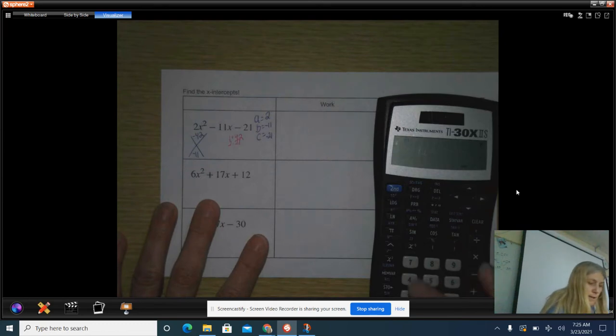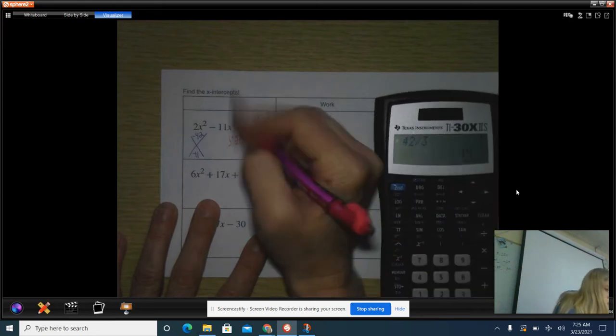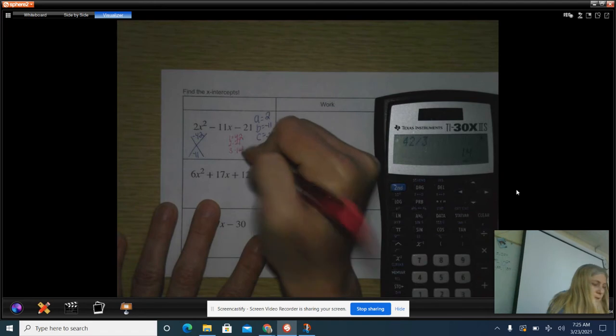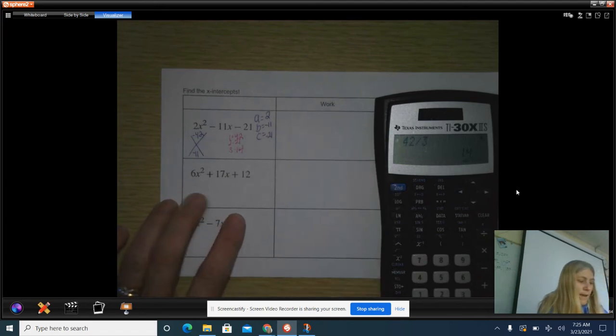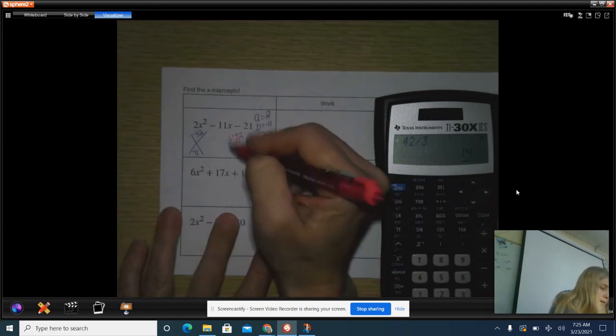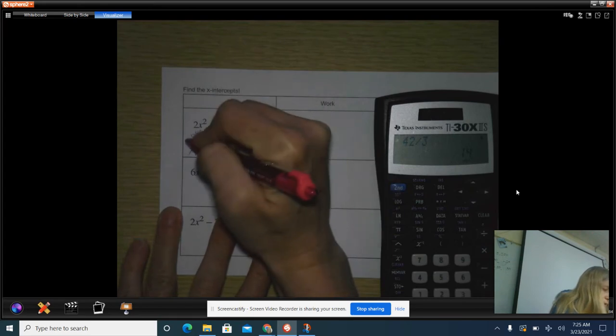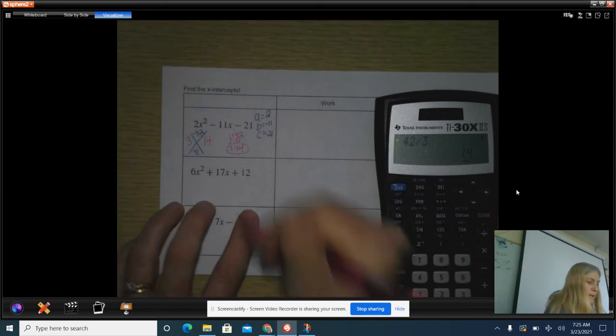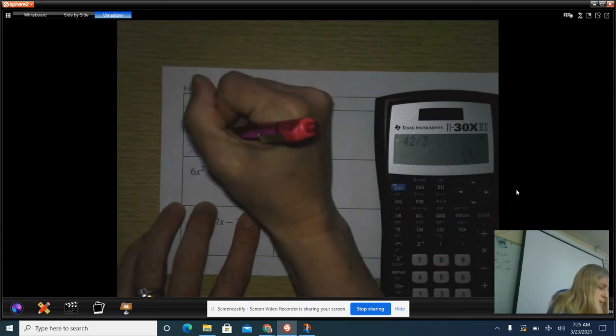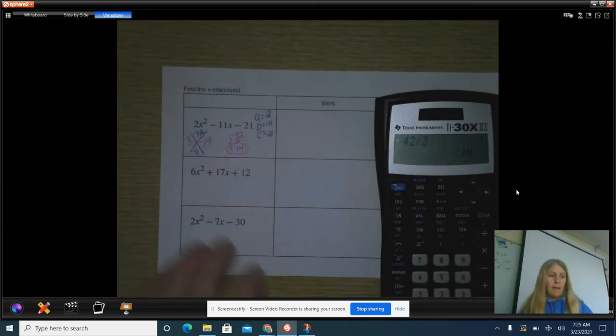We're going to see if 3 goes into 42 evenly, and it does. 3 times 14 adds to 17 or subtracts to 11, and that's what we're looking for, that 11. So we have a 3 and a 14. It needs to be a negative 11, so that's going to be 3 minus 14.